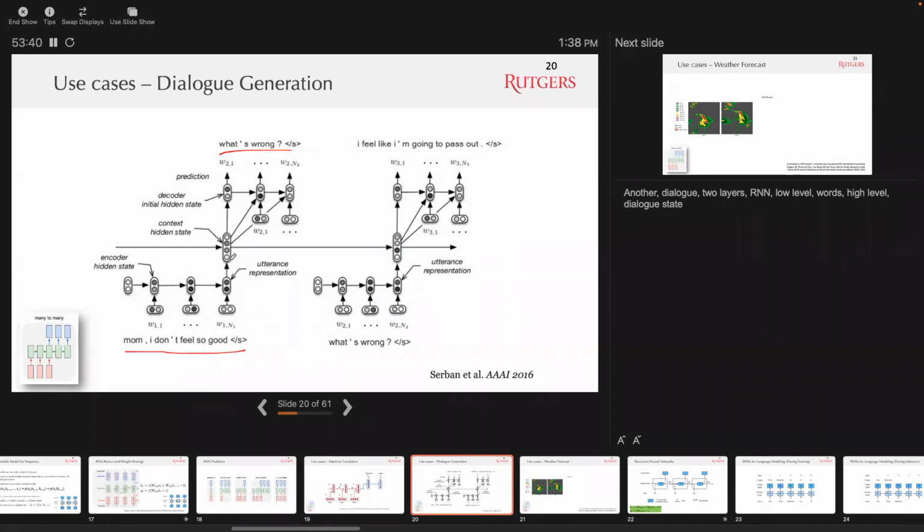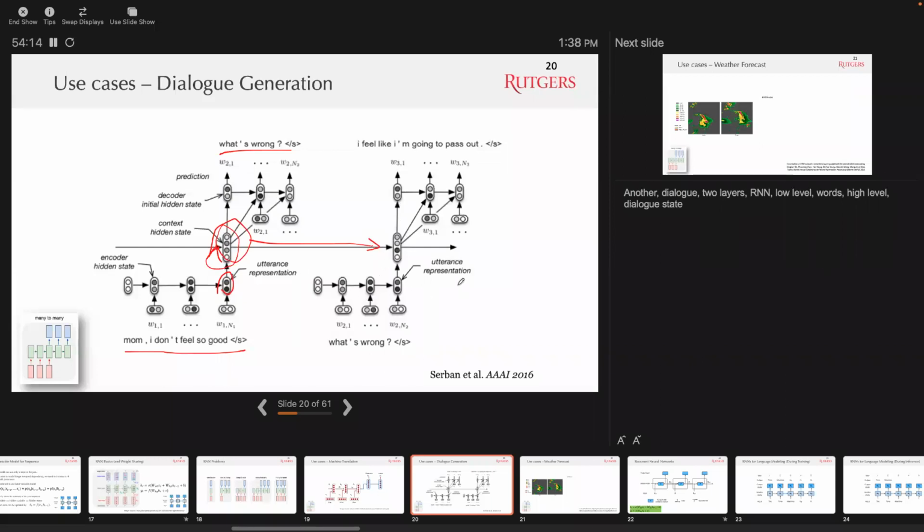And here this model is slightly more complicated because it's a multi-round conversation, so you need another layer of hidden state to serve as a summary of the dialogue state, right? So the H here summarizes the sentence, but this H here summarizes the higher level. It summarizes basically the dialogue state, right? And as they move forward, the dialogue would also move forward.